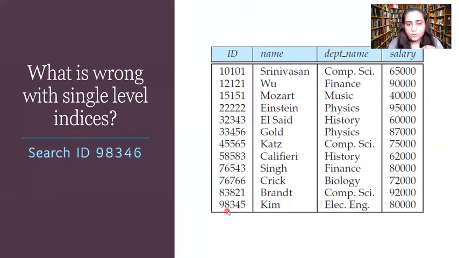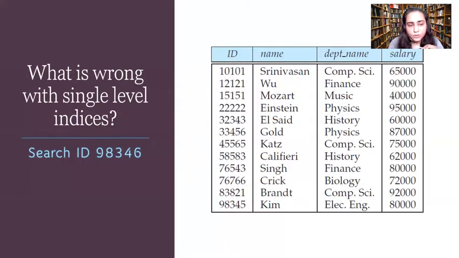And in the end, you wouldn't even find it. And even if I was looking for 98345, I would still have to look for it from the beginning till the end. There is an algorithm called binary search that starts looking from the middle, and that is possible in this case because the ID is in a sorted order.